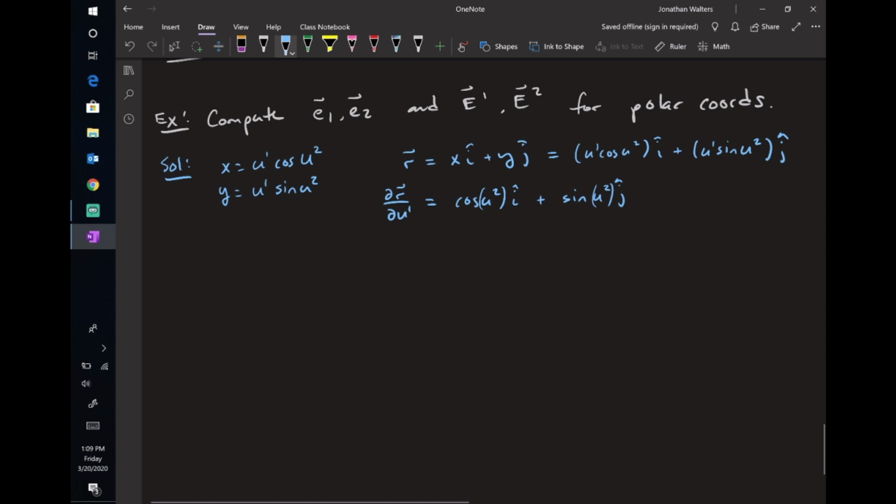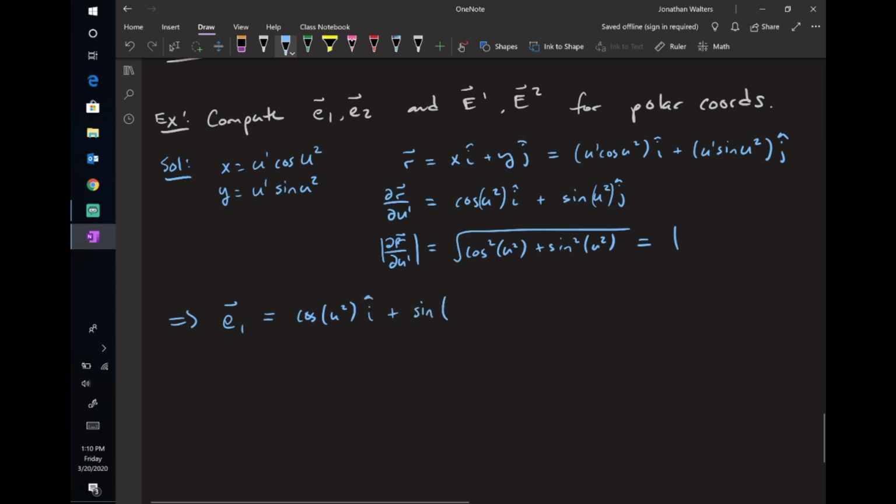Right? u2 is a component and a coordinate, so basically theta. Now, what's the magnitude of this? The magnitude of partial r, partial u1 is equal to the square root of cosine squared u2 plus sine squared u2, which is 1. So that means our first basis vector, E1, is equal to cosine u2 i hat plus sine u2 j hat.